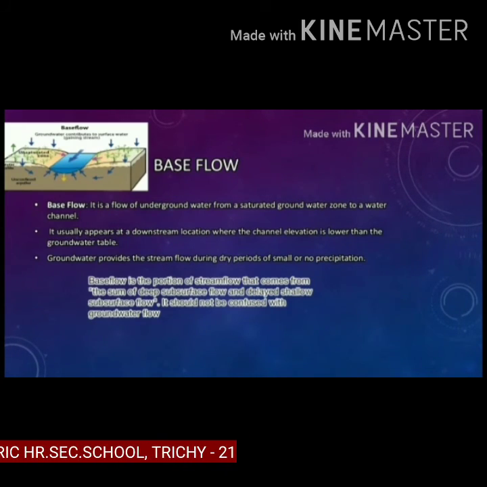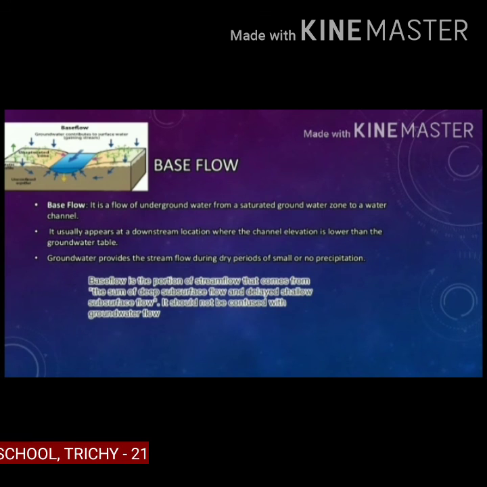Last one is base flow. It is a flow of underground water from a saturated groundwater zone to a water channel. It usually appears at a downstream location where the channel elevation is lower than the groundwater table.